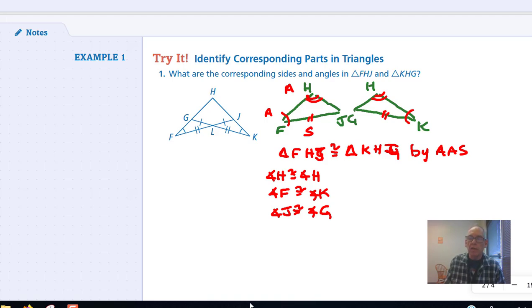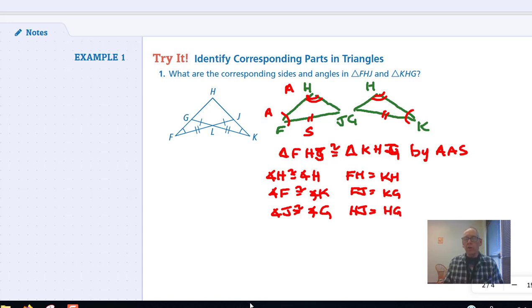In terms of side lengths, I could use the diagram, or I could use the congruent statement. FH is going to be equal to KH, FJ is going to be equal to KG, and HJ is going to be equal or congruent to HG.